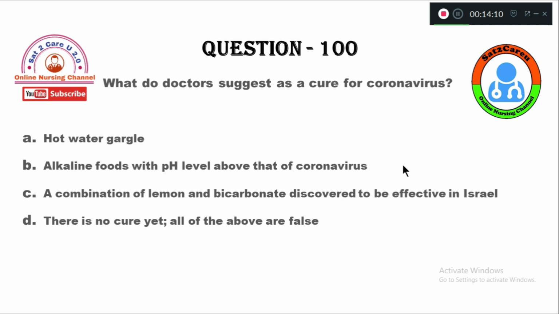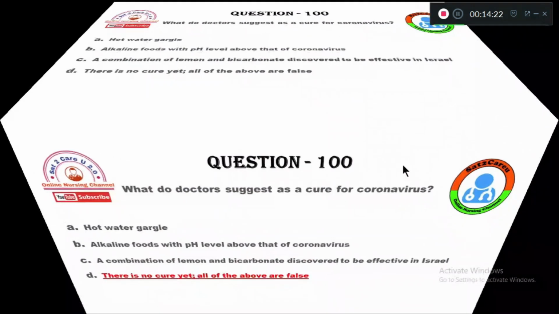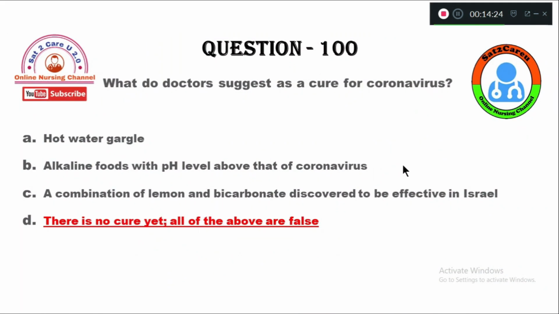Option D, there is no cure yet. All of the above are false. So the true statement regarding coronavirus treatment is option D. There is no cure for coronavirus till now. So all the measures mentioned in options A, B and C are false.